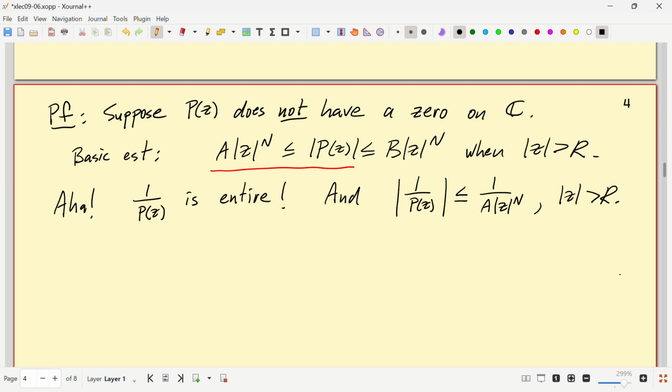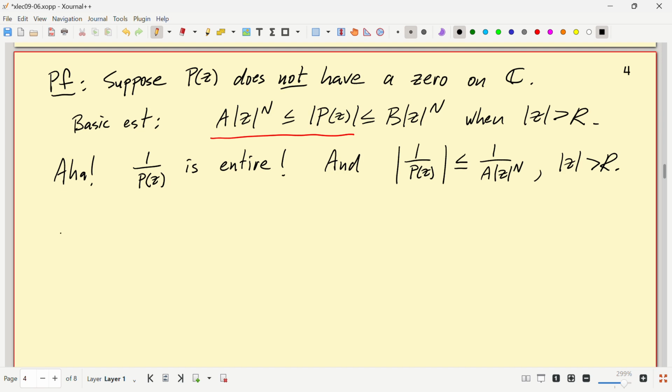So why is that a bounded entire function? Because it's continuous inside the disk of radius R. It is a continuous function on the disk of radius less than or equal to R, which is a compact set, by the way, a continuous function on a closed and bounded set, which is another word for a compact set, and so it would assume its max.